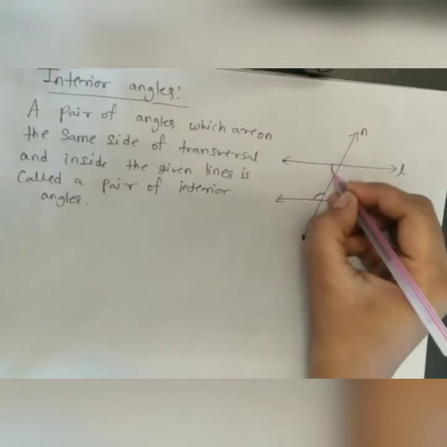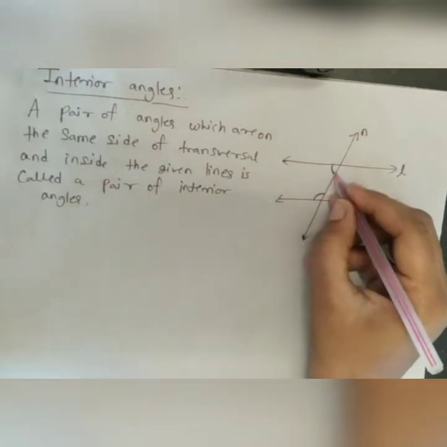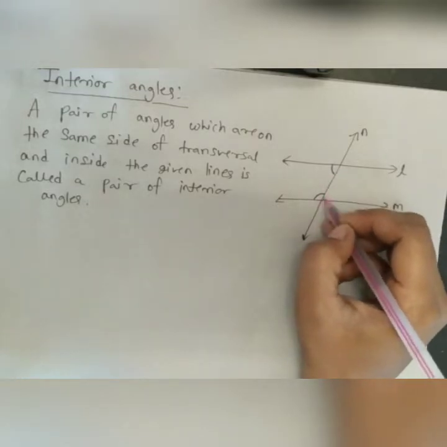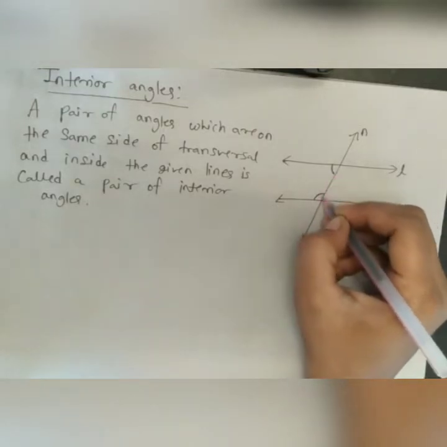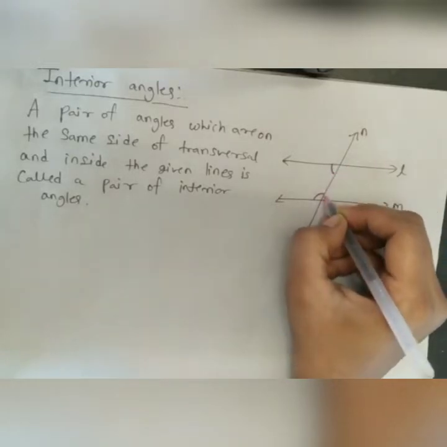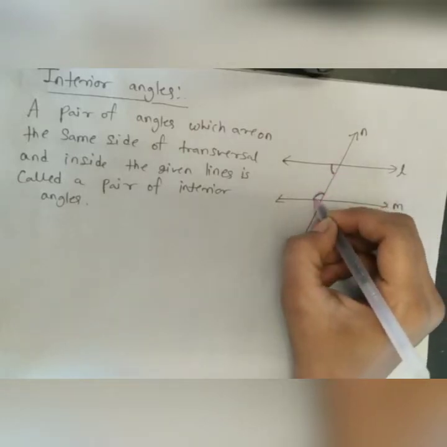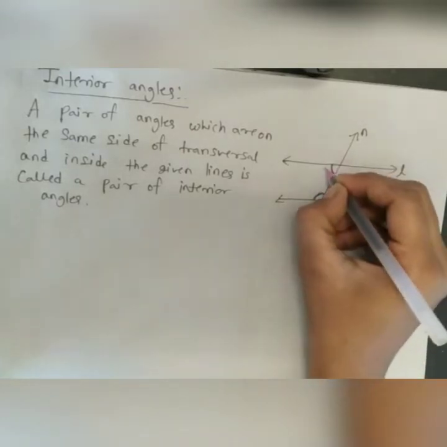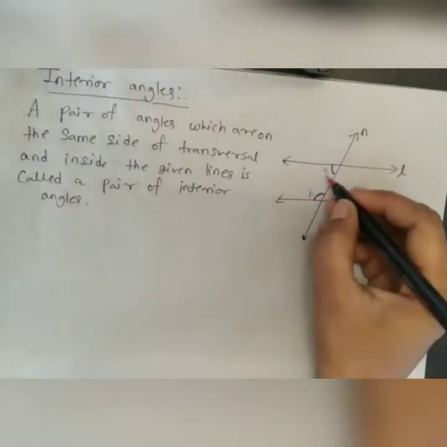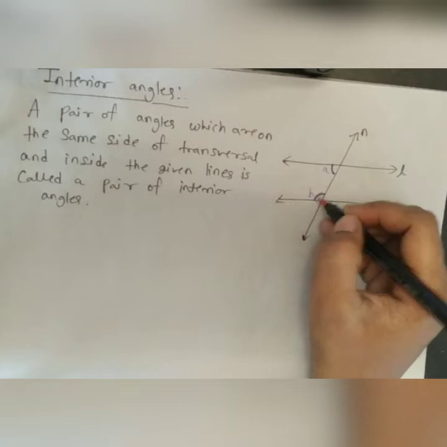We have these two angles which is one pair of interior angles. These are inside the given lines and this is called interior angles. So this is angle A, angle B. Angle A and angle B is one pair of interior angles.